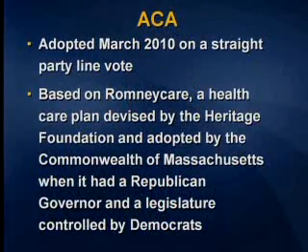At the time, it was a straight party line vote. No Republicans voted for the Affordable Care Act. With President Obama's election, the Democrats had significant majorities in both the House and Senate.